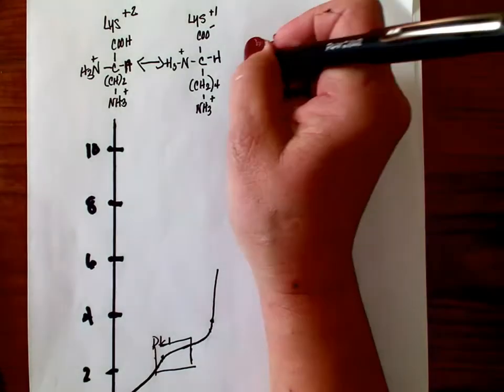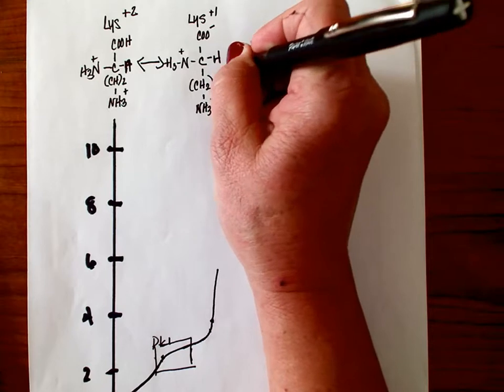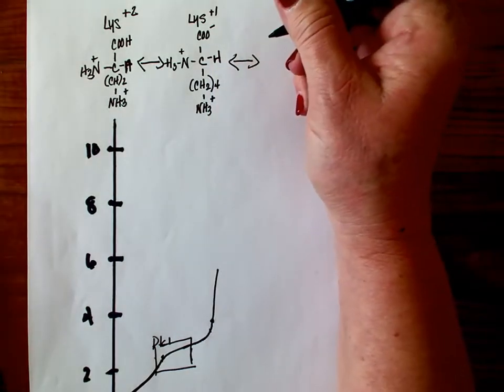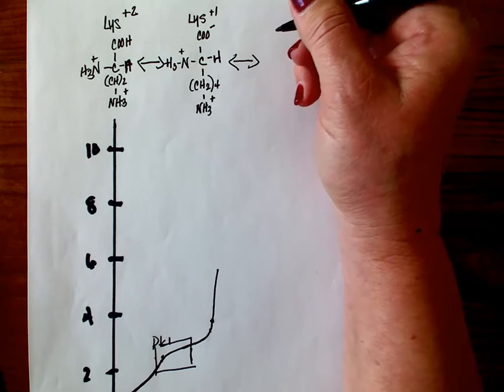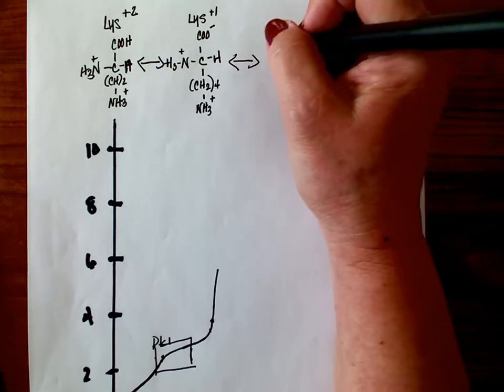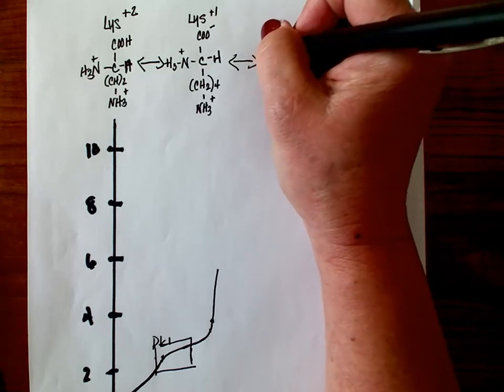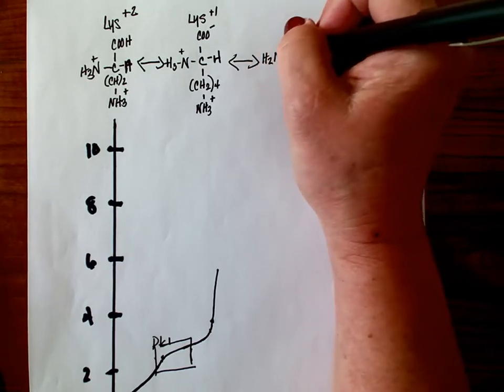So we don't get another ionization or deprotonation until we hit the pK for the alpha amino group, and that is at 9.4. And at 9.4, this will get deprotonated.